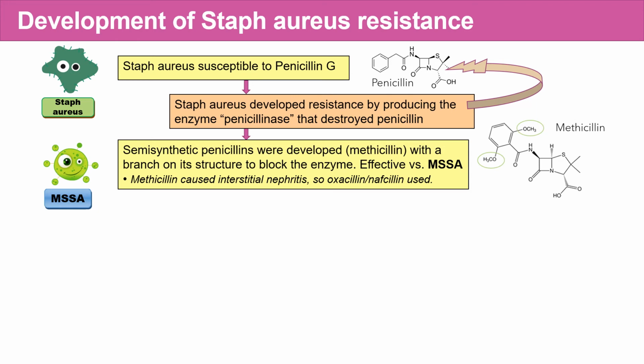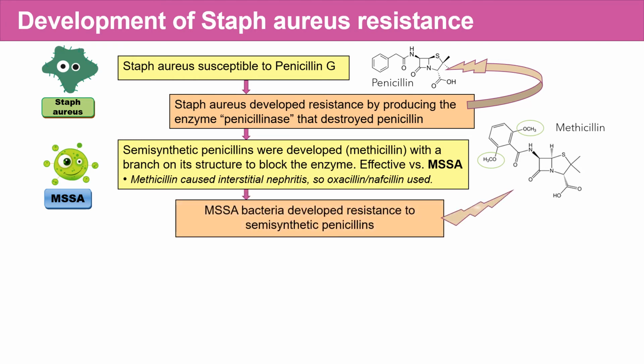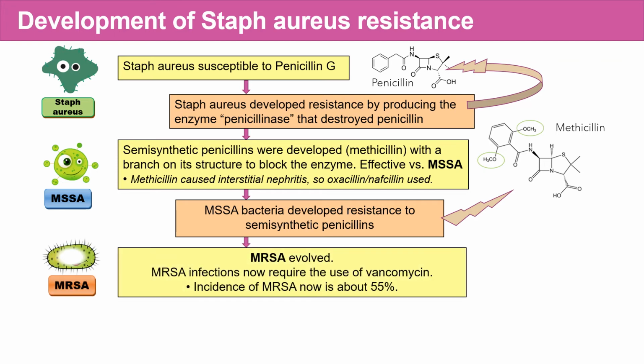Scientists then developed semi-synthetic penicillins, one example called methicillin, with a branch on its structure to block the enzyme. So this was effective against MSSA. Now, methicillin did cause interstitial nephritis in patients, and so other drugs were developed, oxacillin and nafcillin, and they were used. However, the MSSA bacteria developed resistance to these semi-synthetic penicillins.